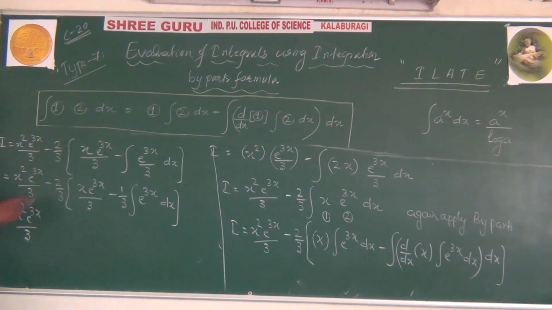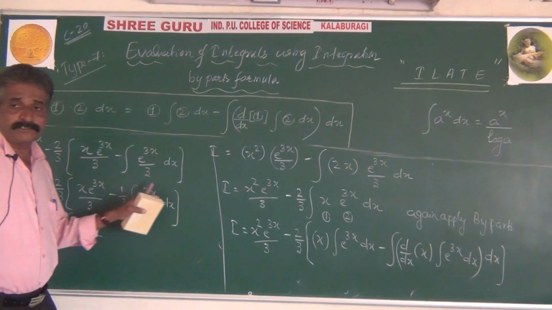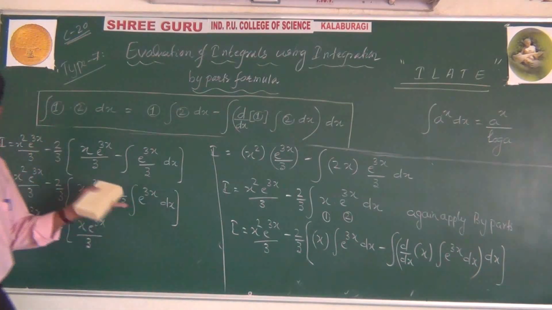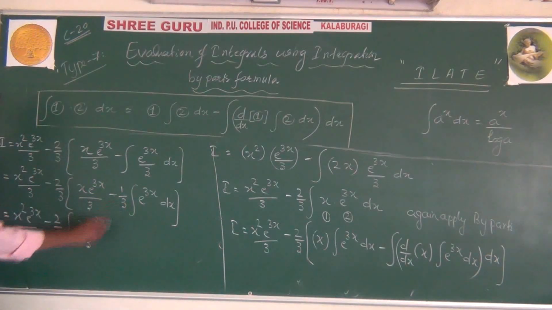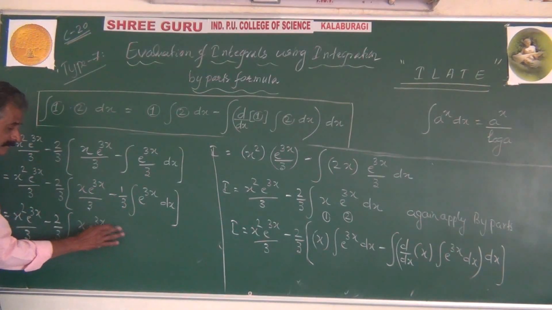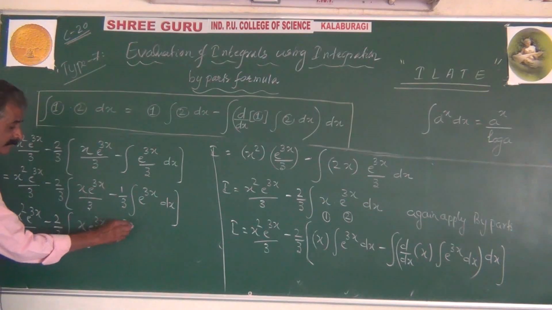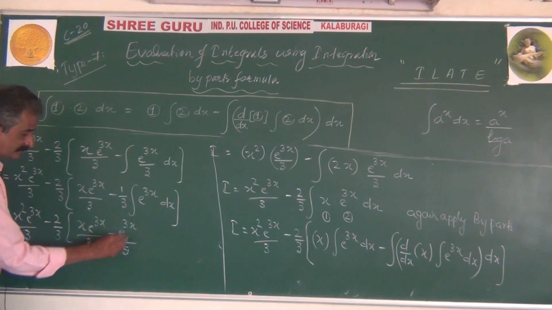If you want, you can open the bracket, or don't open it, the choice is yours. Next, how much is integration of e power 3x? E power 3x by 3 by 3 by 3 becomes by 9. That is e power 3x divided by 9 plus constant.